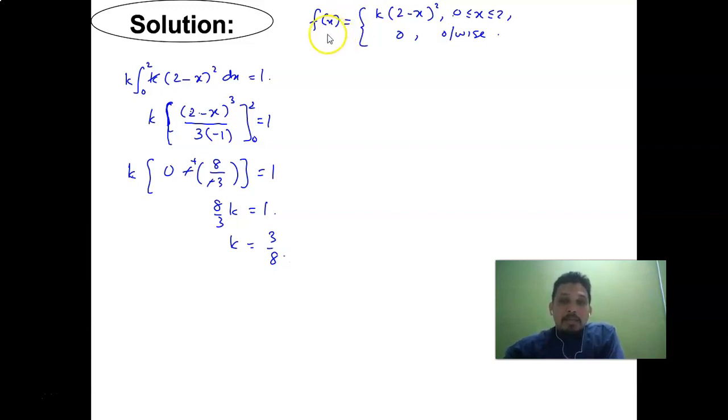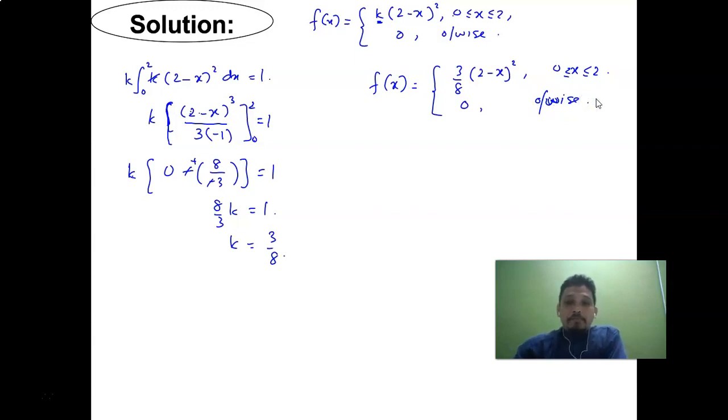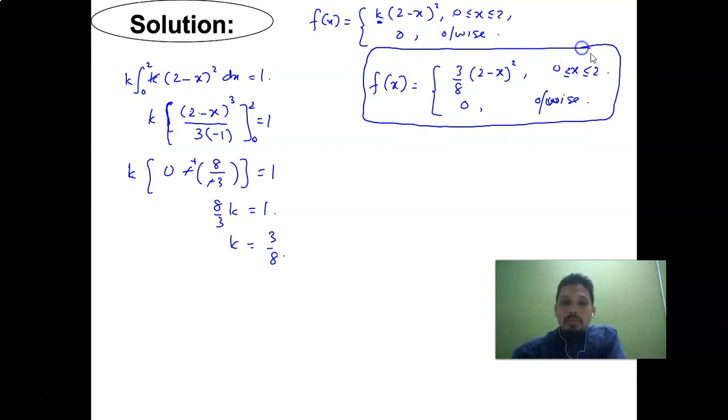So let's rewrite this function here with the new value of k. f(x) equal to 3 over 8 multiplied with (2 minus x) squared for x between 0 and 2, and 0 otherwise. So this is the proper function that we're going to use to continue.